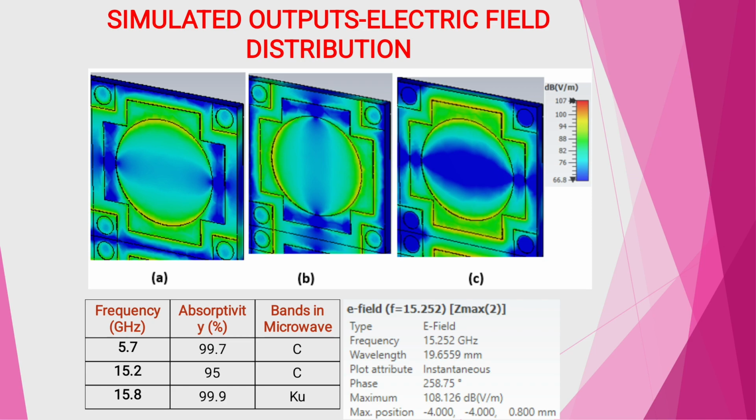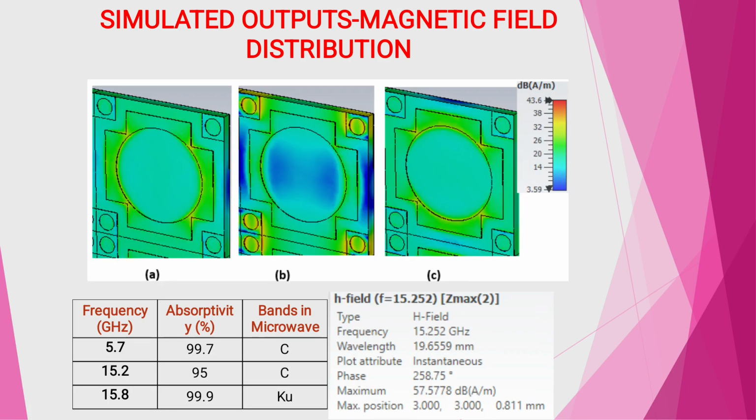This picture shows the electric field distribution curves for the 3 frequencies. The electric field intensity scale is shown at the side of the structure. Red is the maximum, and the next are yellow and green. In our case, the electric field is maximum at the patch structure and some parts of the dielectric, because green is present on top of the patch structure and some places on the surface of the dielectric.